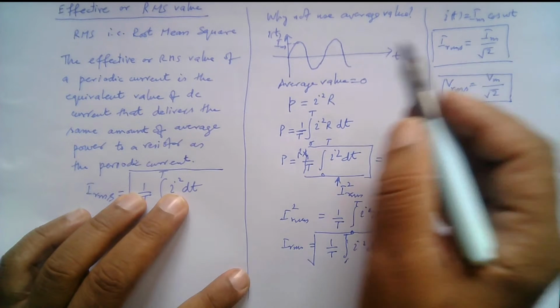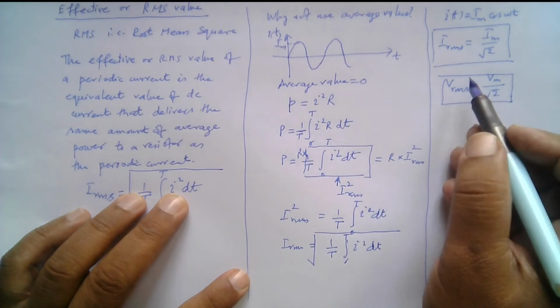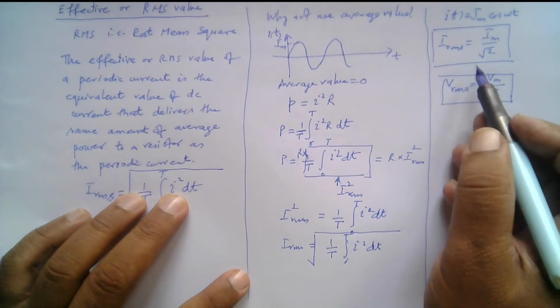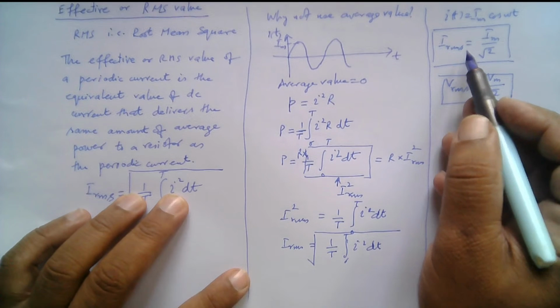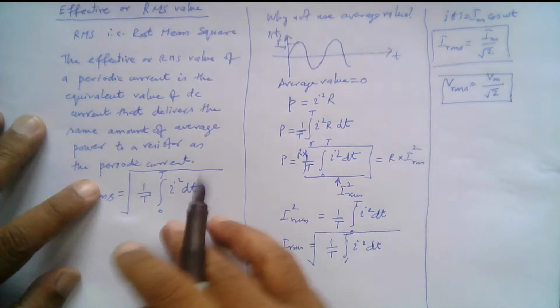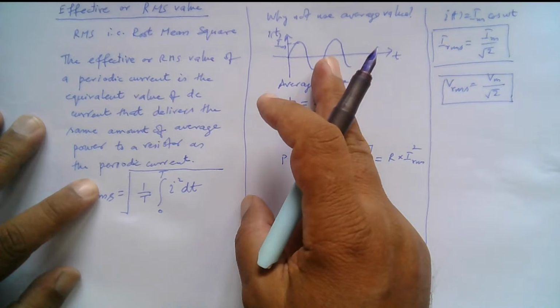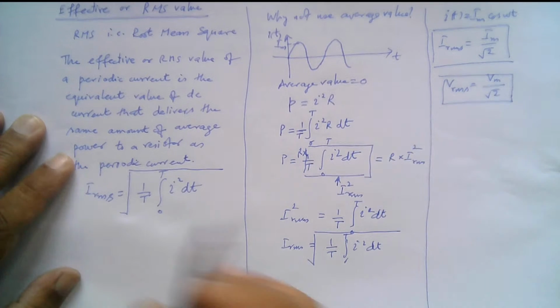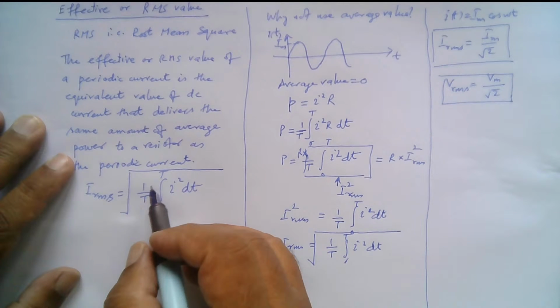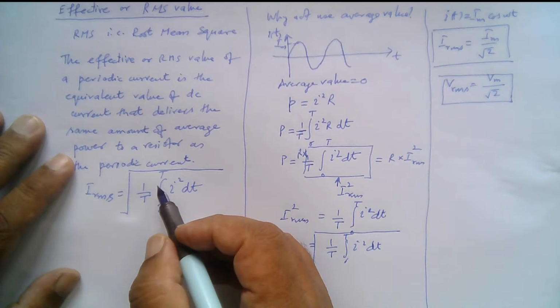So if you are given a voltage or current in sinusoidal form, you can easily use this formula to find the RMS value of the current or the voltage. However, if the signal is not sinusoidal, if it is a sawtooth, for example, a square wave, or any other shape, then you need to use this basic formula, the basic principle here, to find the RMS value or the effective value of that signal.